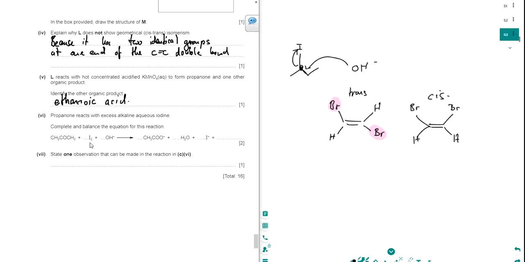The answer will come now. So we have 3 iodine, 4 hydroxide ions. This is fine. 3 waters, 3 iodides, and the additional product is CHI3.